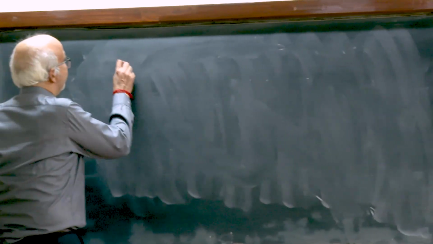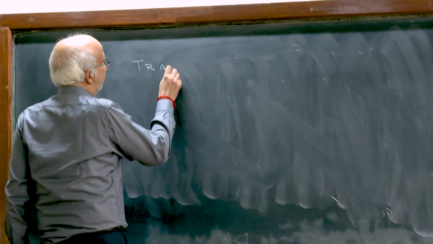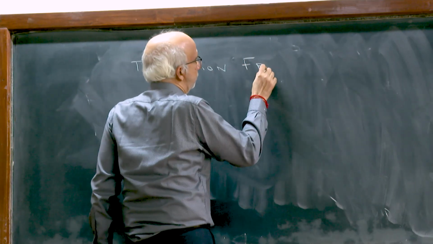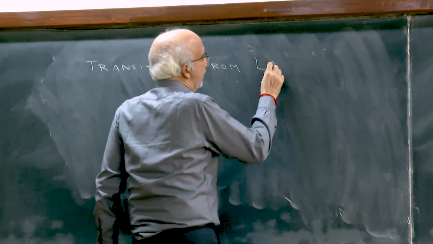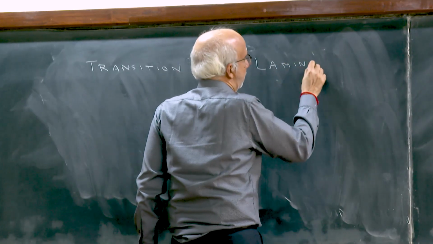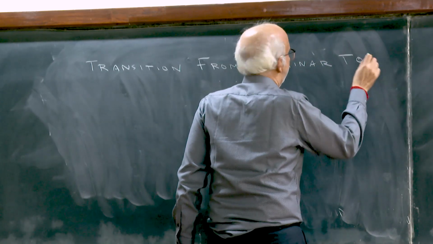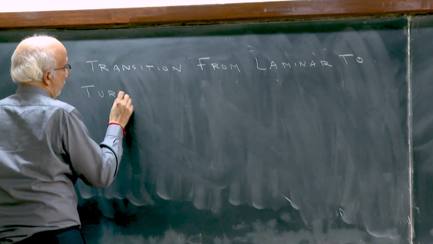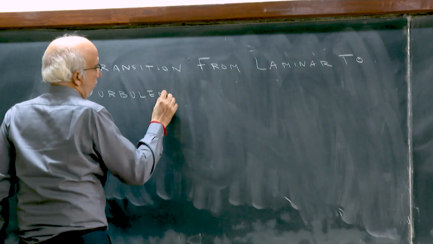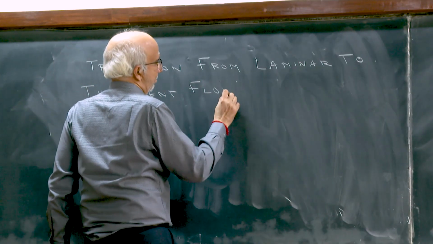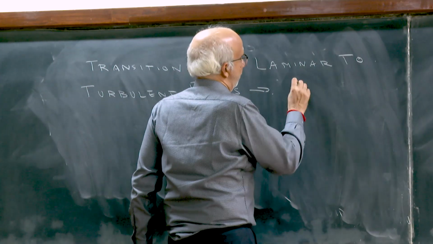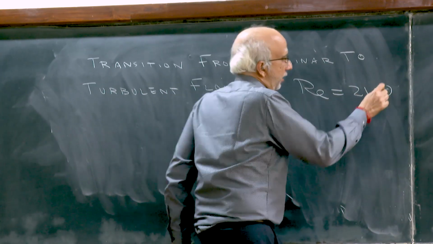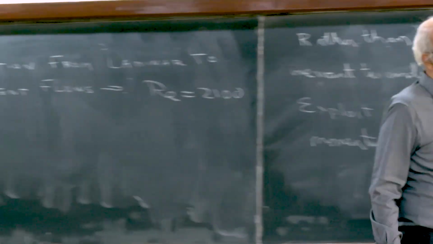The transition from laminar to turbulent flows. I mean, most of you know that this happens at a Reynolds number of 2100.